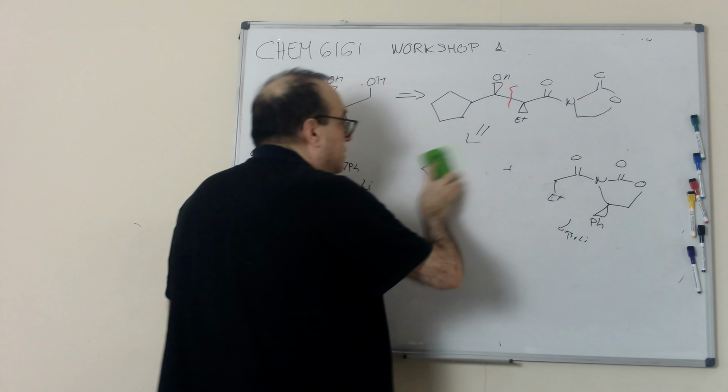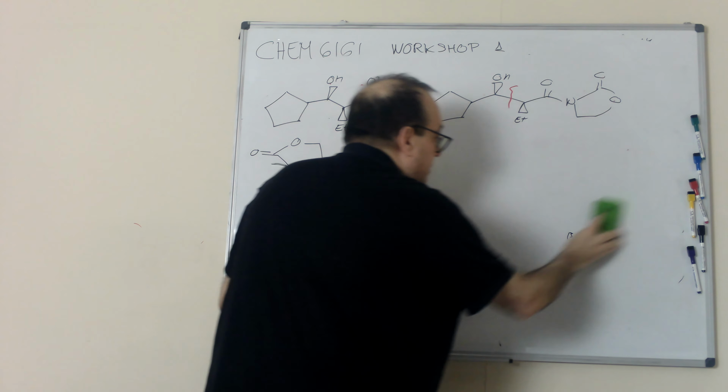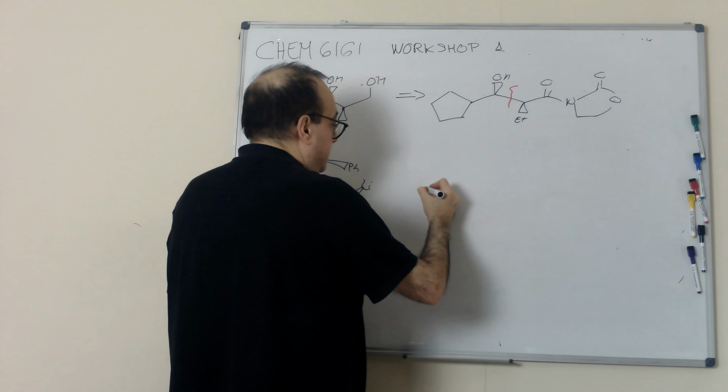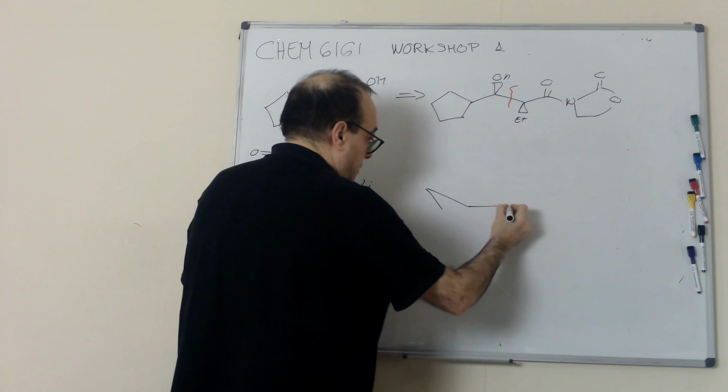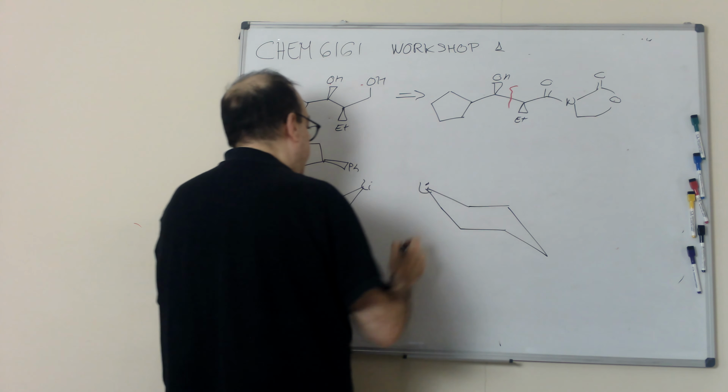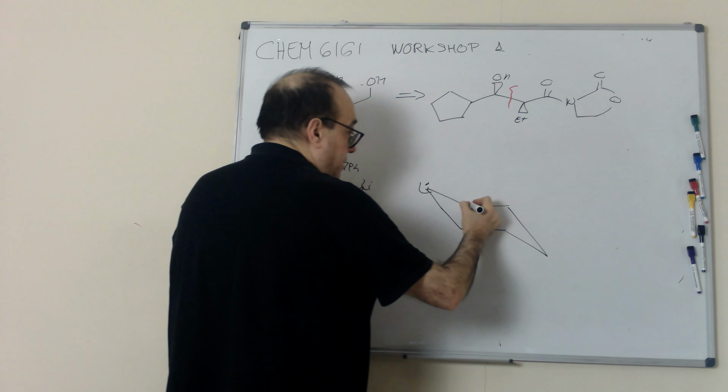If I draw the other six-member ring, okay, I put the lithium here, and then I do exactly the same.